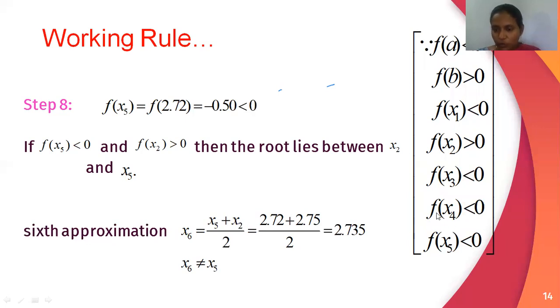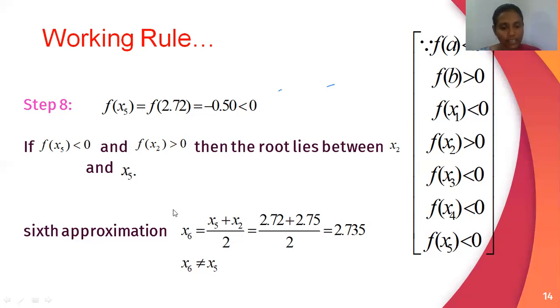So go to the before approximation x3. F of x3 is also negative, so the root does not lie between x3 and x5. So go to the approximation before this. F of x2 is positive and f of x5 is negative. So the root lies between x2 and x5.